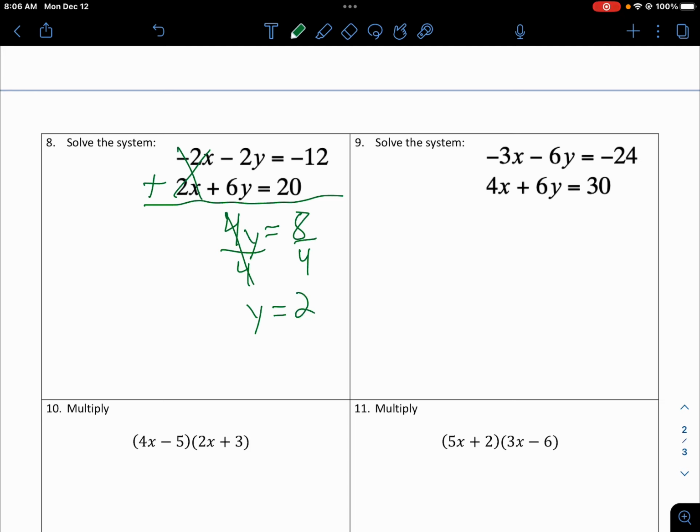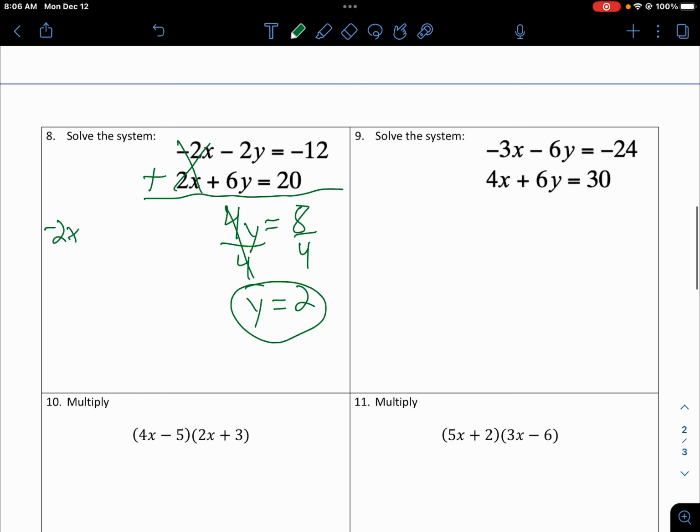So 4, and then y equals 2. And then you take that and plug it into one of them. Usually I do the top one, but you can pick whichever. Since it's y equals, I'm going to plug it in for y. So I've got negative 2x minus 2 times y, which is 2, equals negative 12.